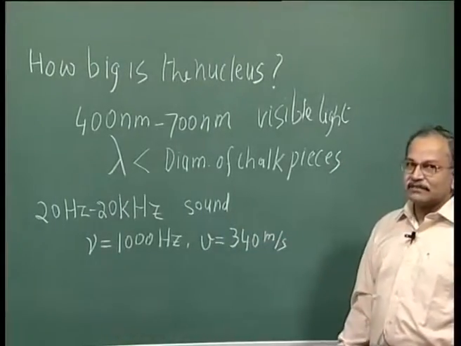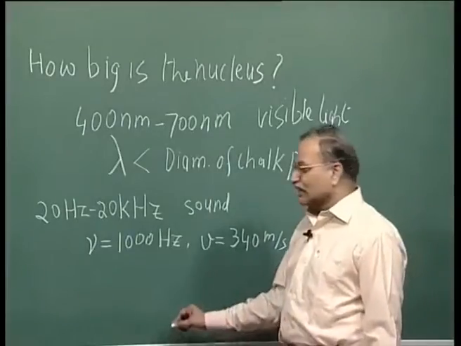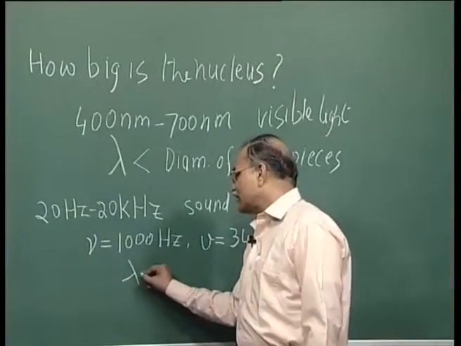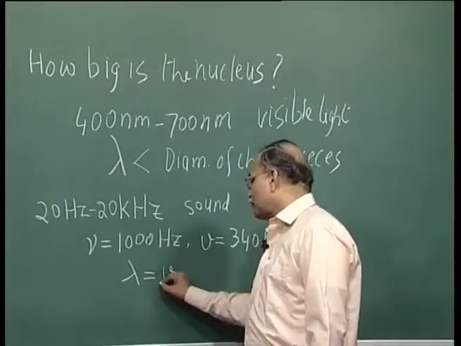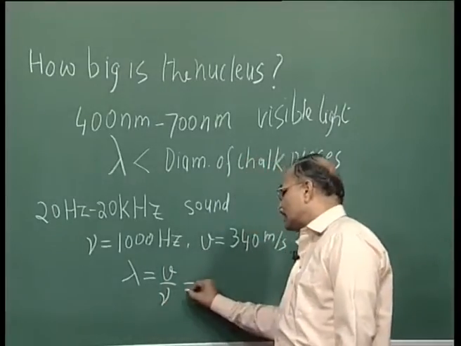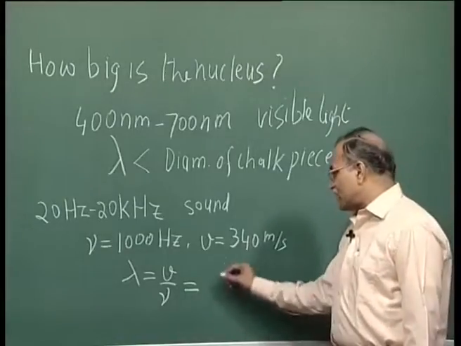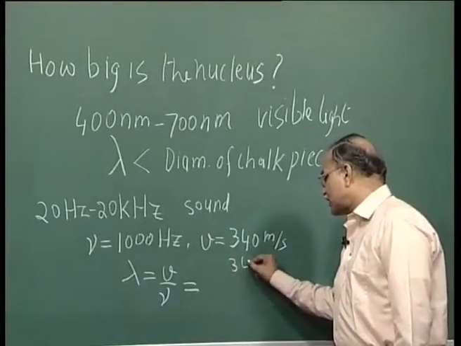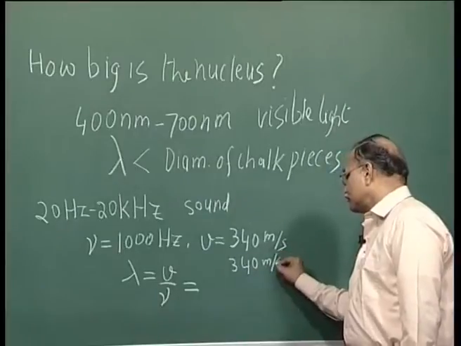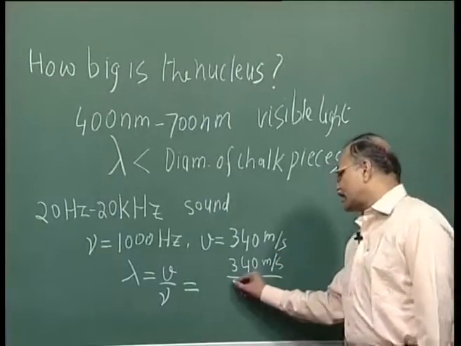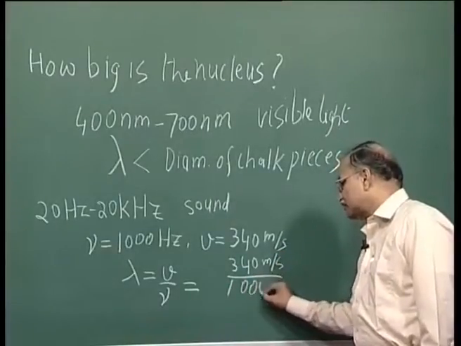So, what is the wavelength? What is the relation for wavelength? Wavelength lambda is v by nu, elementary wave properties, and v is 340 meter per second and nu is say 1000 hertz.